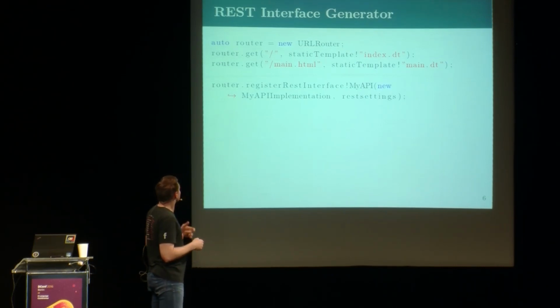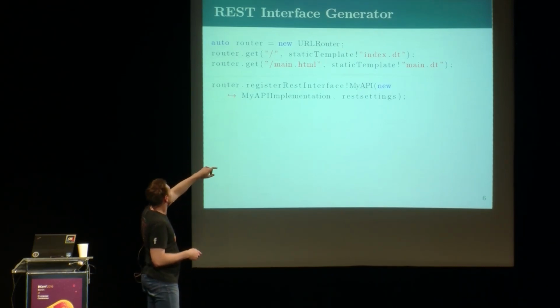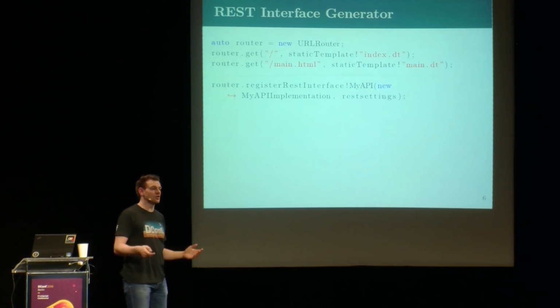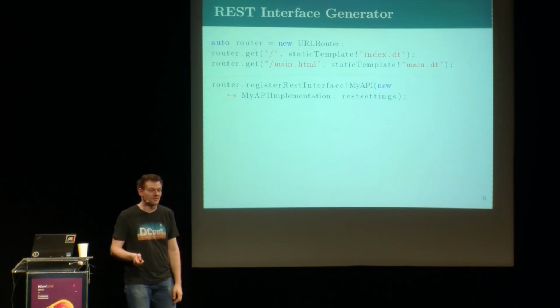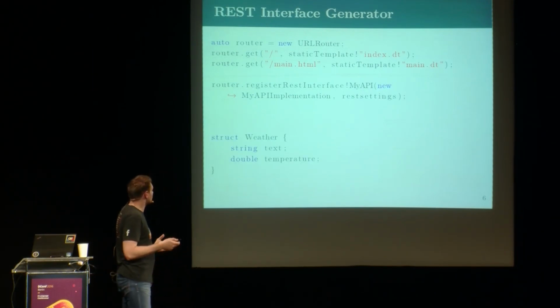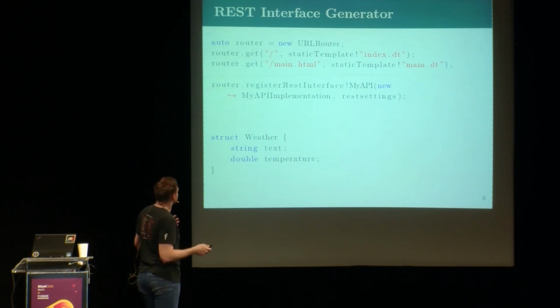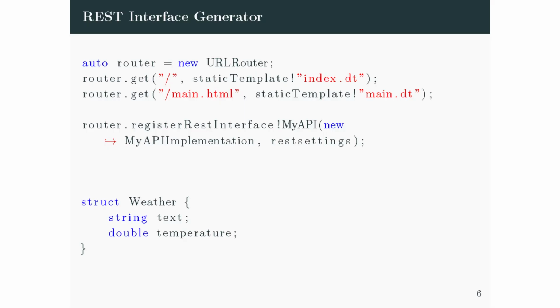So on the last line, we stick our implementation of my API and some settings into the router, and then we can call weather on our host, and we have this awesome weather interface, which returns us a random weather. Just for completeness, the weather is basically just a struct with a string and a double, and that's it.